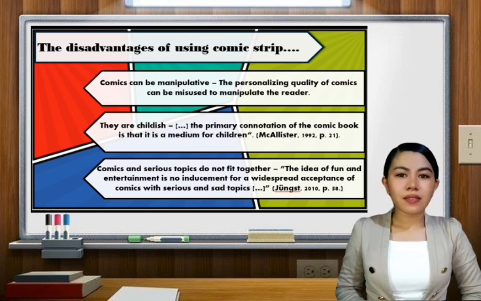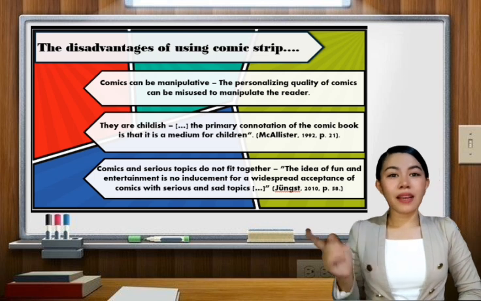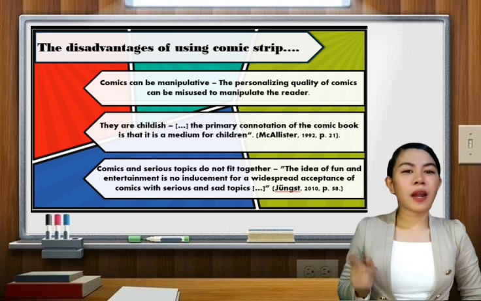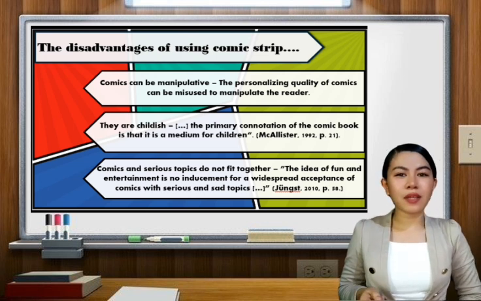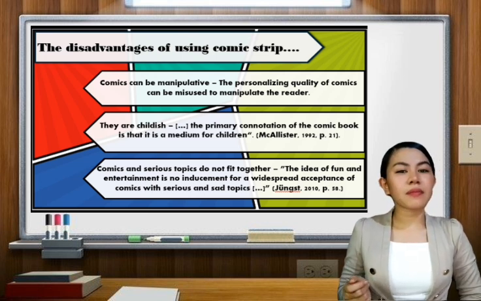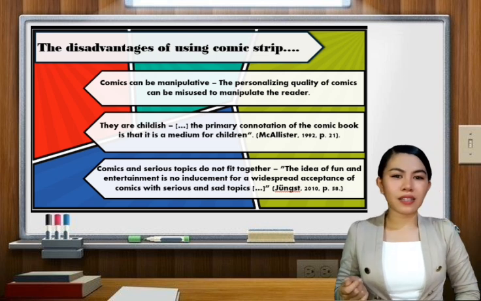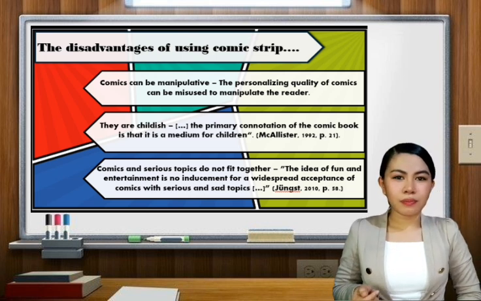And then next, some others say that using a comic strip is a little bit childish. The primary connotation of the comic book is that it is a medium of children, according to McAllister, 1992.